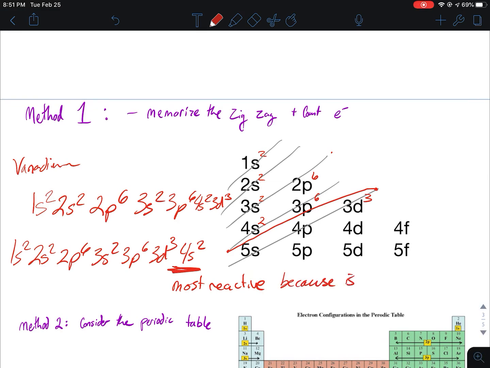because it's the largest. n equals 4. And so, to me, this is actually a nice organization. I kind of like to see the n's organize things, even though we fill in a different orbital in a different way.